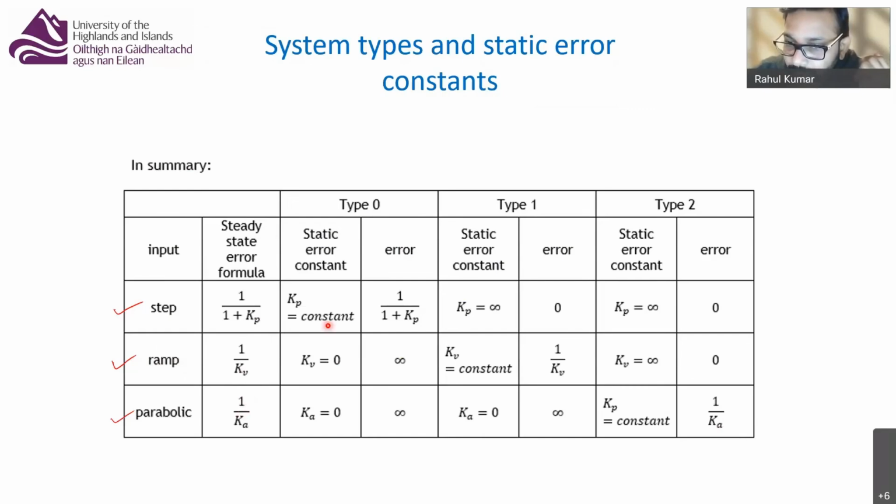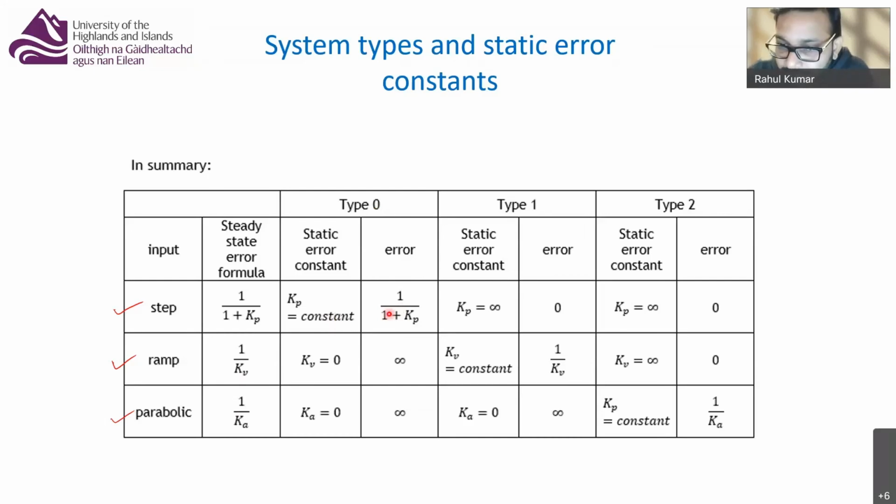Right? For type 0 system, that is no free integrator system, we have discussed that this value kp is constant, and your steady state error, you will get some fixed value, some constant value for type 0.